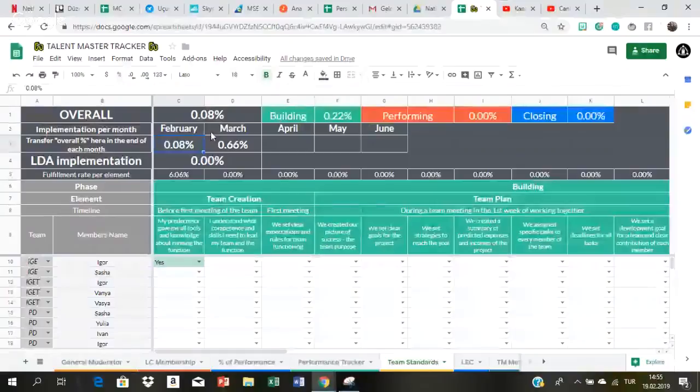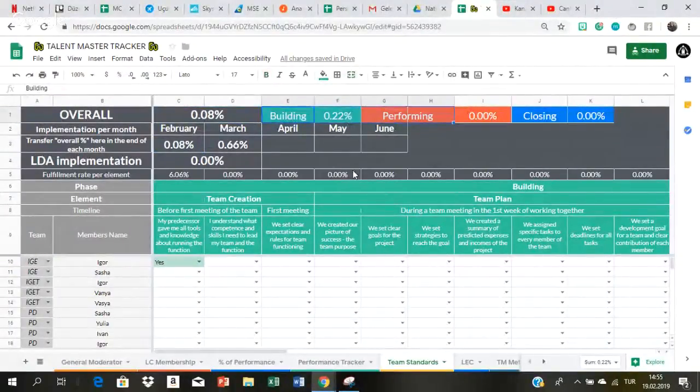And you will be able to see overall, and also in building performance and closing separately, what the percentage is. Okay, good. And every month, for example in February, you put data, and based on the data that you put, the percentage is 0.08%. It will appear directly under February, and then in March, we will change the formula, or you can do it manually as well.